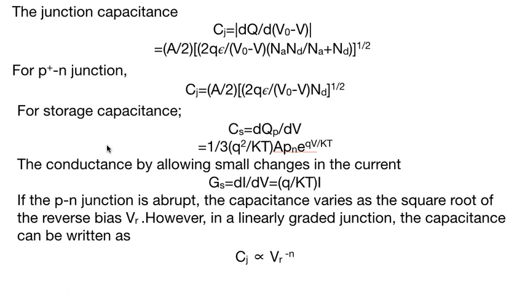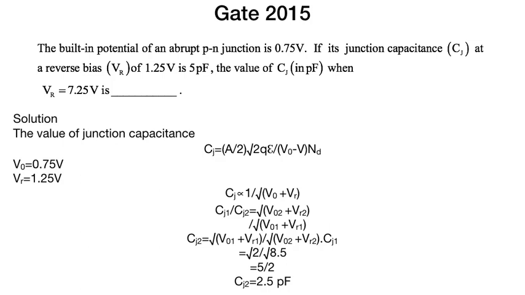So moving forward, the junction capacitance is directly proportional to VR to the power minus n. If we look at one of the questions from 2050 on junction capacitance itself, where different biasing is applied across the capacitance, with the formula we can derive that the junction capacitance is inversely proportional to the square root of V0 plus VR.